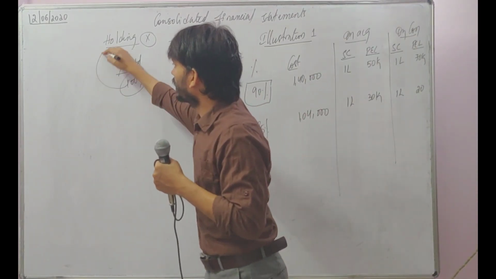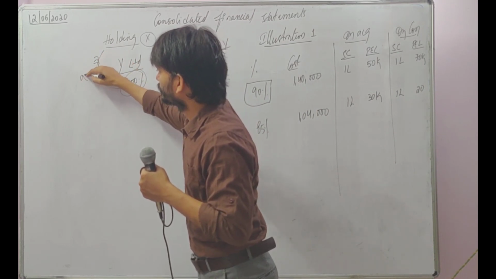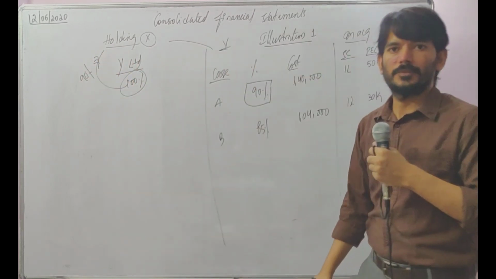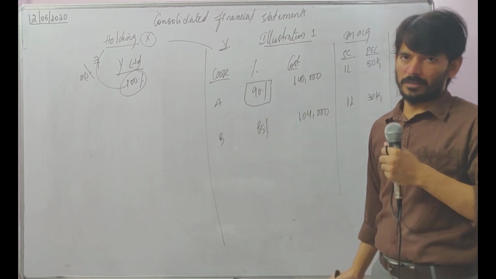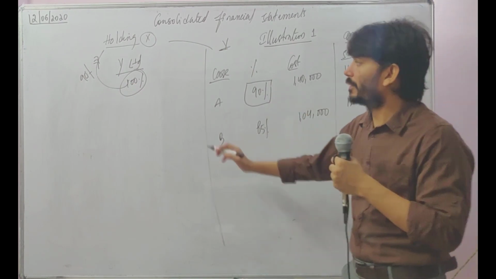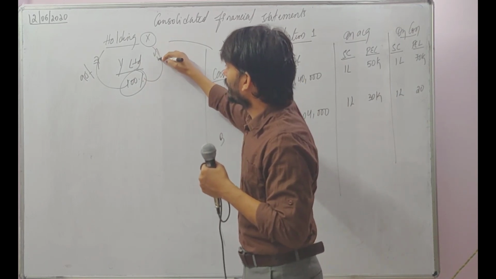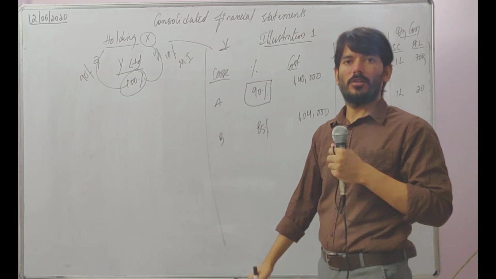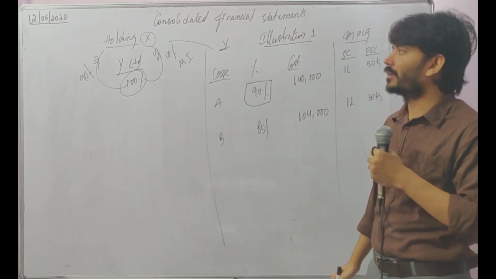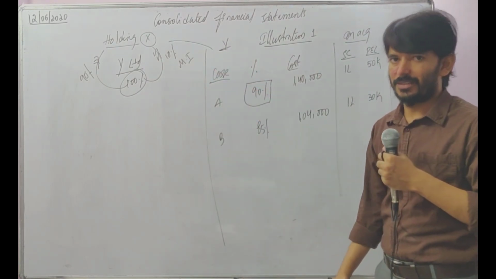So 90% is held by the holding company, which means it is more than 51%. And then the remaining, which the question is not telling, but indirectly it means the remaining 10%, you call it minority interest. All the small shareholders combined together, we call them minority interest.